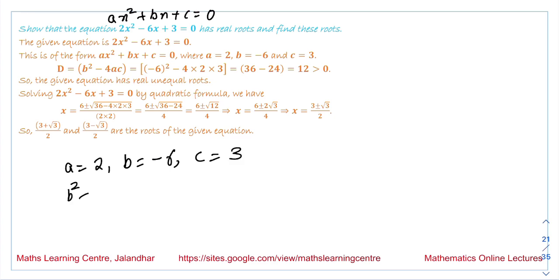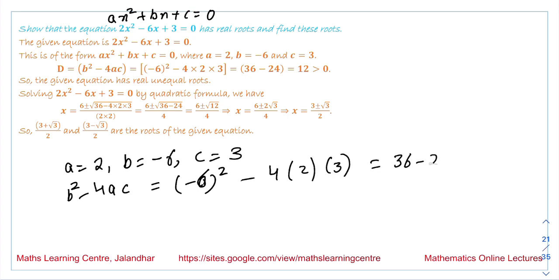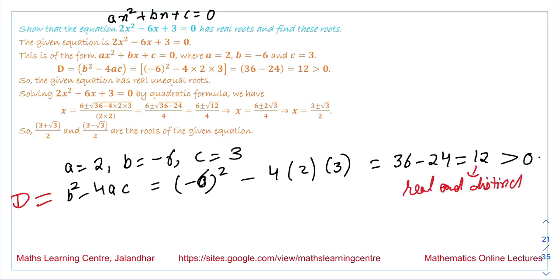So b square minus 4ac is equal to minus 6 square minus 4 into 2 into 3, which is 36 minus 24, equal to 12, and this is greater than 0. So the discriminant is greater than 0. It means this equation has real and distinct roots.